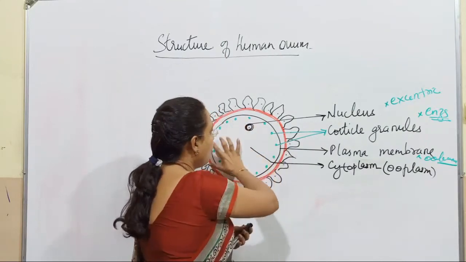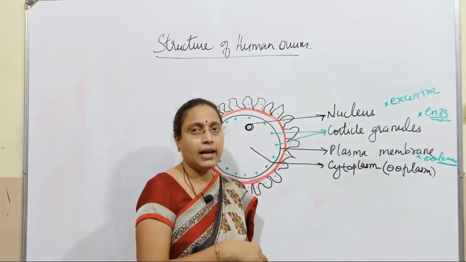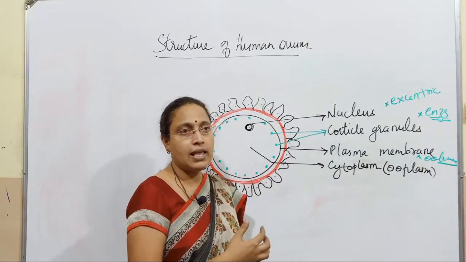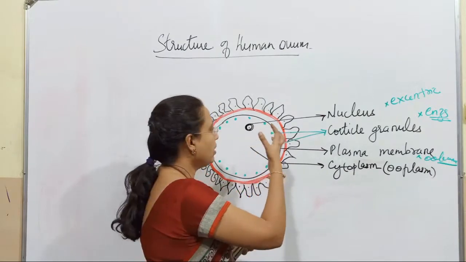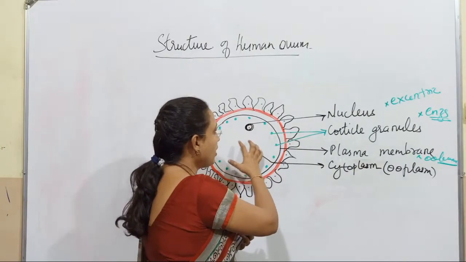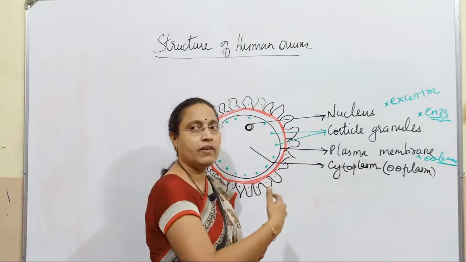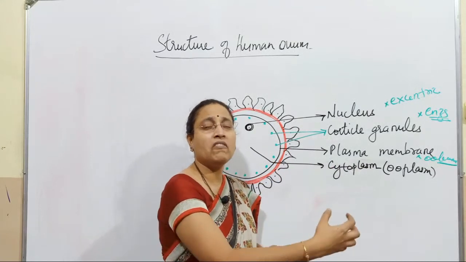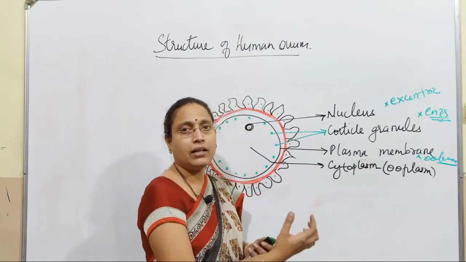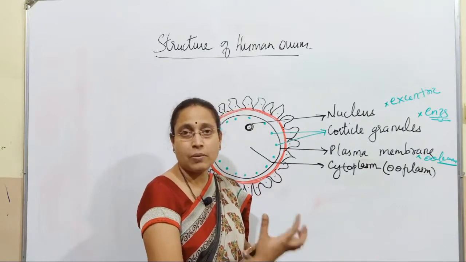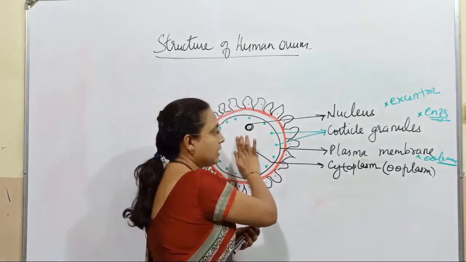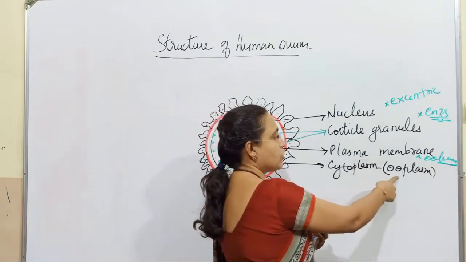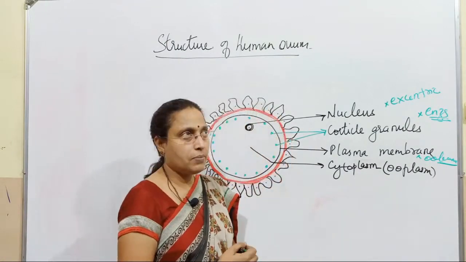That means the ovum has more cytoplasm content compared to the sperms, because sperms have very little cytoplasm. All the components necessary for the subsequent division, the formation of the zygote and subsequent development of the early embryo, all those necessary substances will be present in this cytoplasm. And this cytoplasm is called ooplasm.